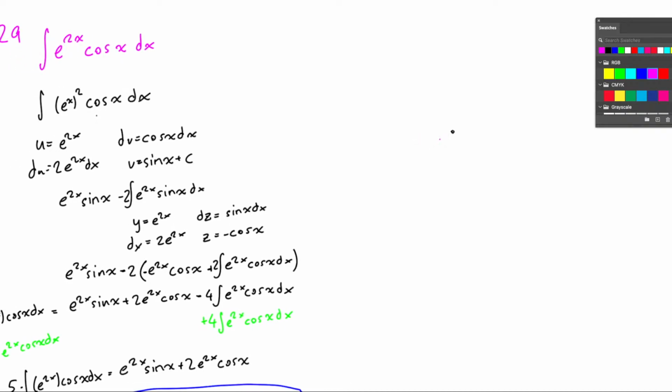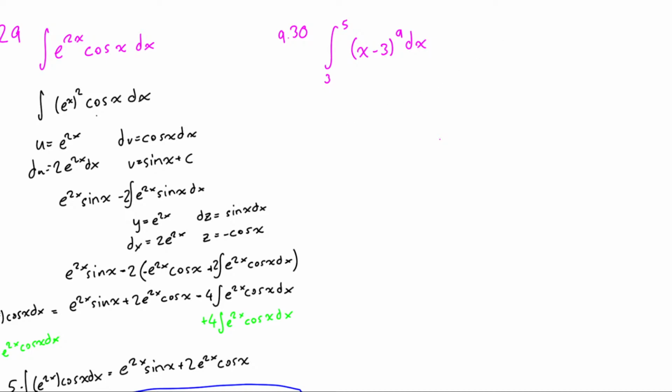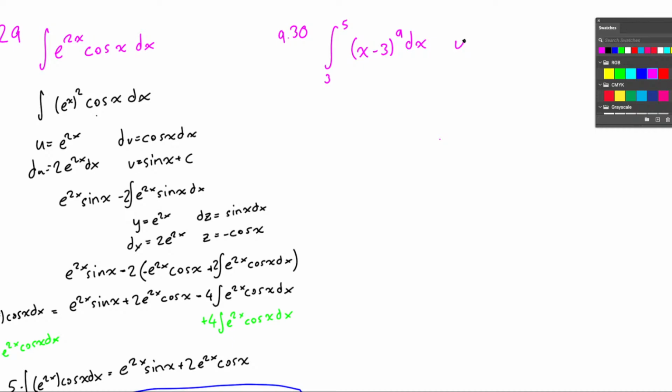Okay, next one. Number 30. Oh, fun. Okay, well, I'm thinking we can just use substitution, right? We make u equal x minus 3, du equals dx.